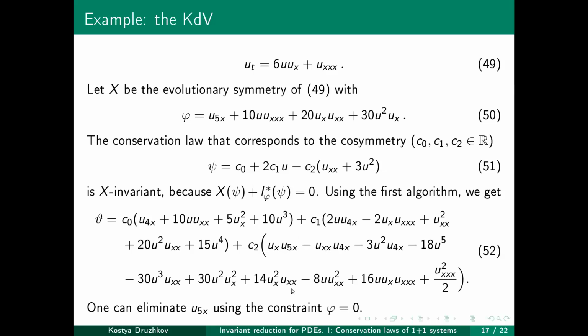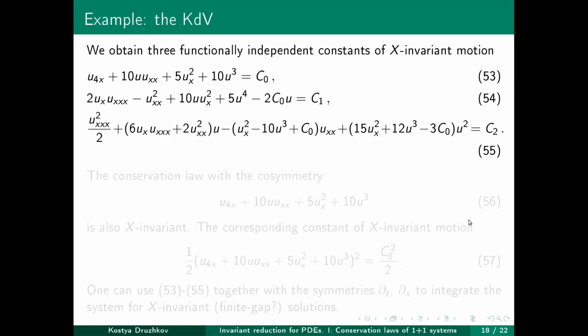We can eliminate it using the constraint given by our additional equation, phi equals 0, because phi equals 0 means that the fifth derivative with respect to x is some combination of first order, second order, third order derivatives. So we can eliminate it when we restrict this theta to the epsilon x. Eventually, we obtain three functionally independent constants of x invariant motion. So in this case, it turned out that they are functionally independent.